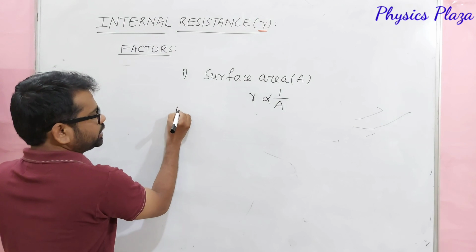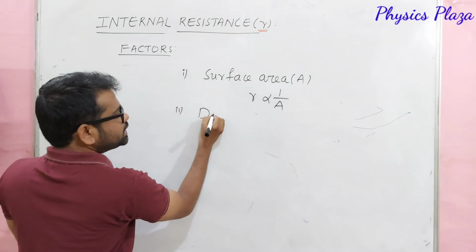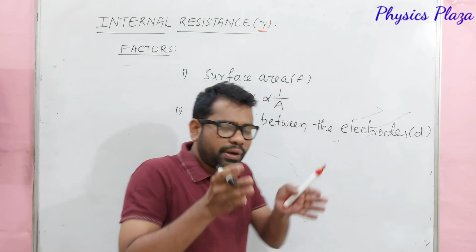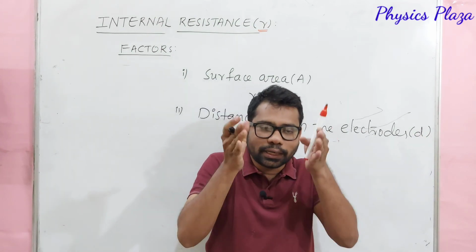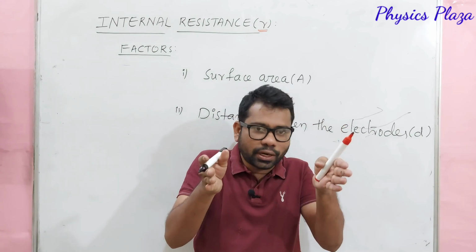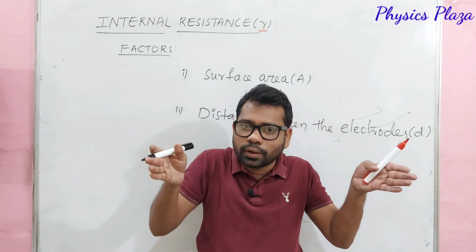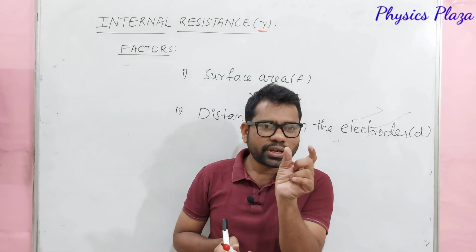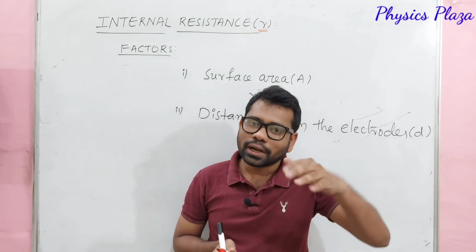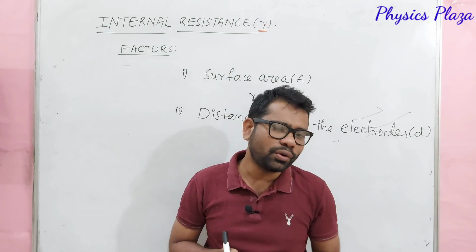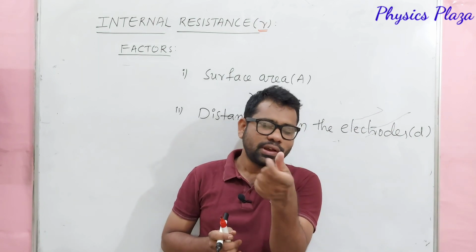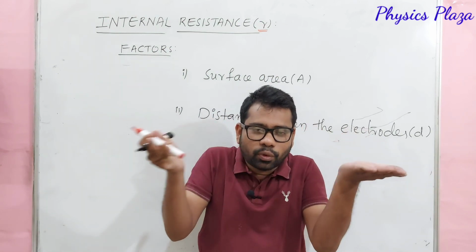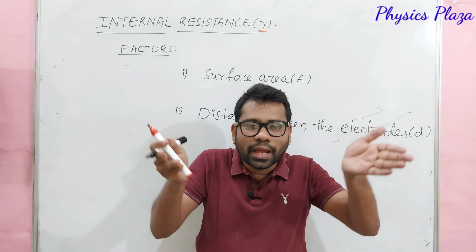And the second point, children, is that it depends on the distance between the electrodes, the small d. Between the two conductors, that is the cathode and anode, if the distance is less, charges will reach the cathode and anode very easily. When the distance is more, the length of the electrolyte between the anode and cathode is increasing.